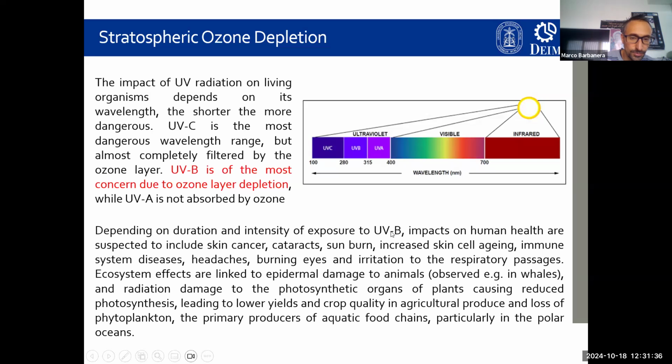The impacts of this fraction of solar radiation on human health are, for example, suspected to include skin cancer, cataracts, sunburn, increased skin cell aging, and so on, and irritation, for example, of the respiratory passages.